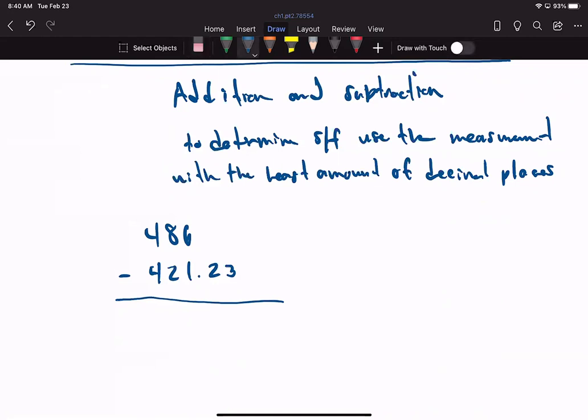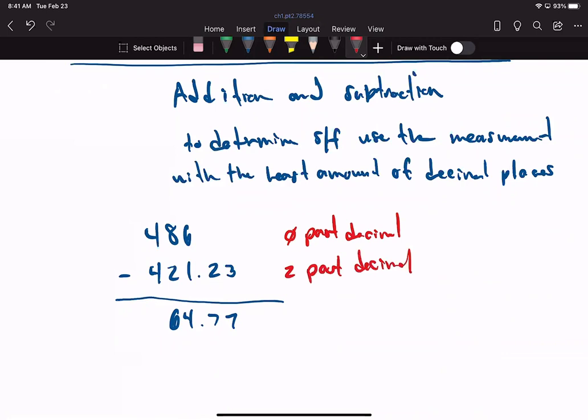So our calculation ends up being 64.77. So we have to go with the least amount of decimal places. Here, this is 0 past the decimal, and here, this is 2 past the decimal. Well, that means I have to go with the least amount of decimal places.